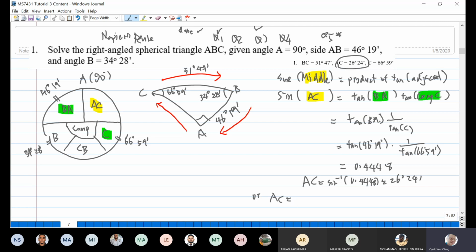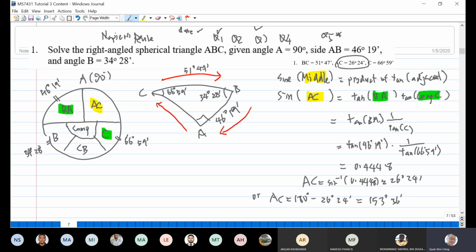AC is equal to 180 minus 26 degree, 24 minutes. So you take 180 degree minus 26 degree, 24 minutes, and you get 153 degree, 36 minutes.